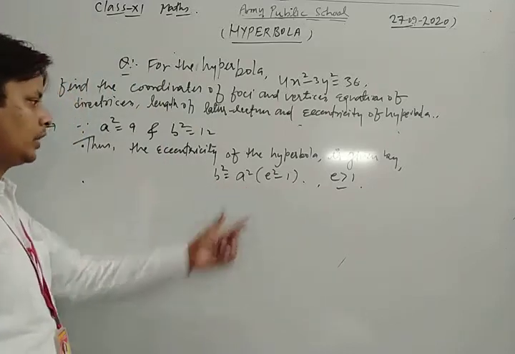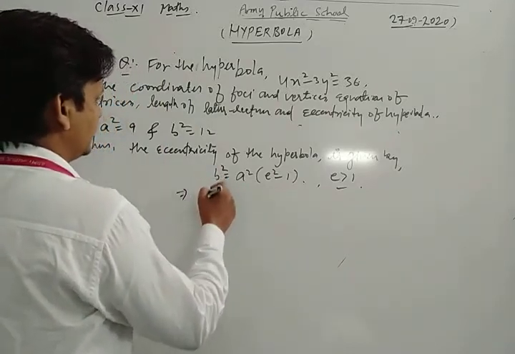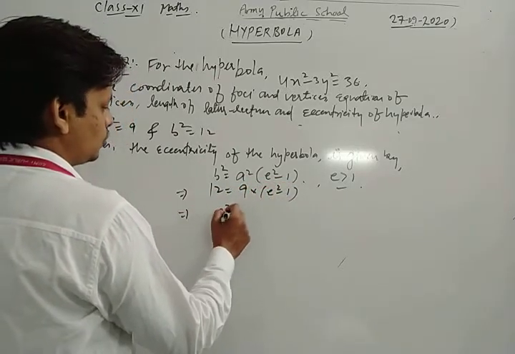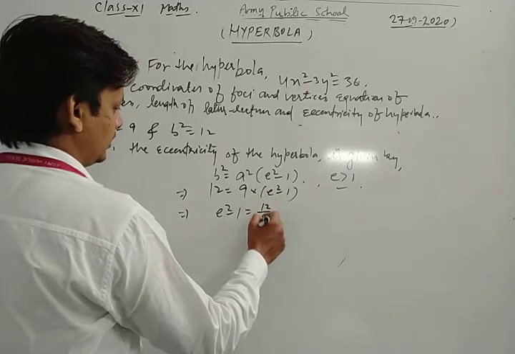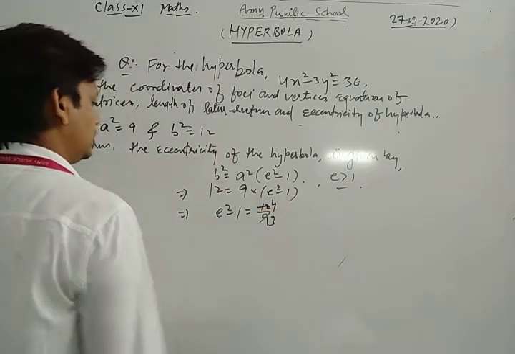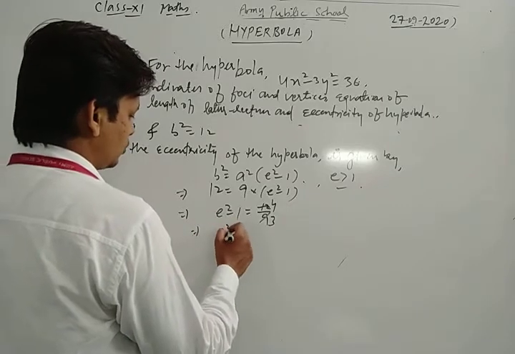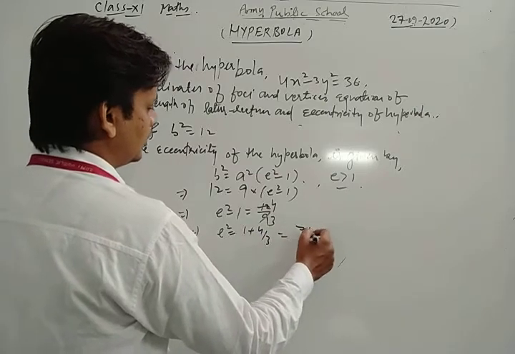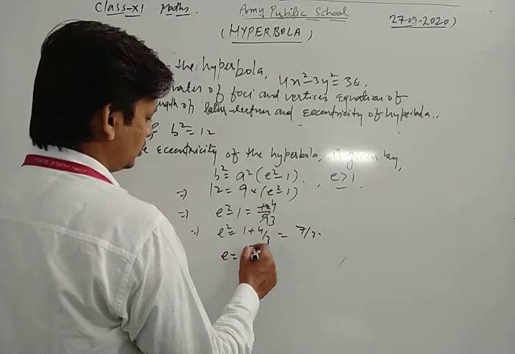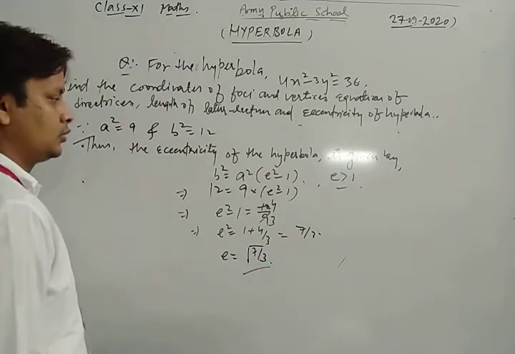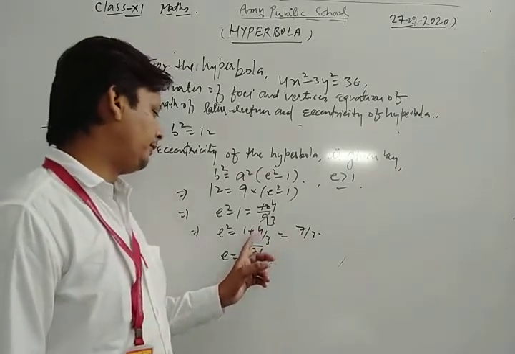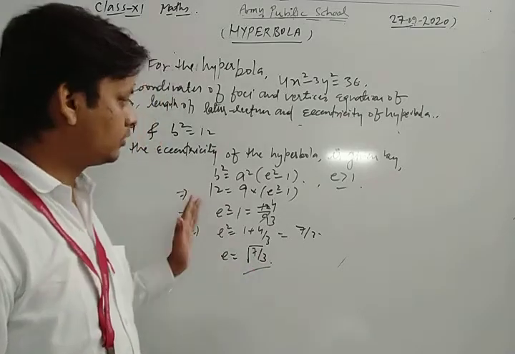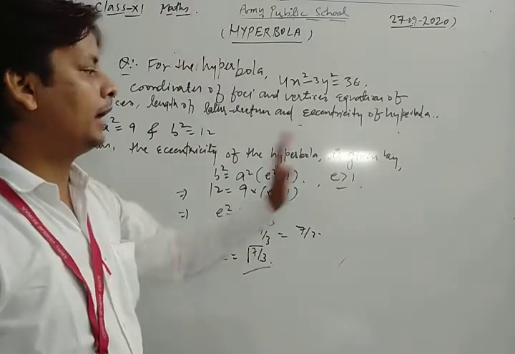Now here we put the value of b square and a square, so we get 12 is equal to 9 into (e square minus 1), that is e square minus 1 is equal to 12 upon 9, which is 4 by 3. Now the value of e square is equal to 1 plus 4 by 3, which is 7 by 3. Thus the value of e is root 7 upon root 3. This is the eccentricity of the hyperbola.